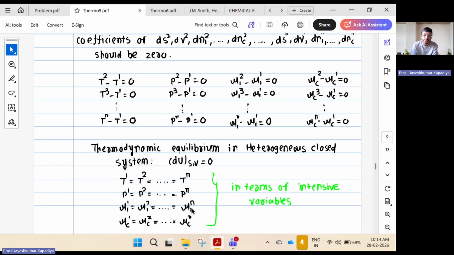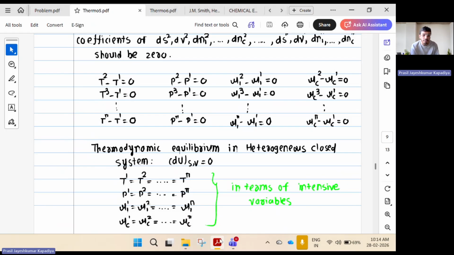And what else can we write? We can write that mu1 in phase 2 is equal to mu1 in phase 1. Mu1 in phase 3 should be equal to mu1 in phase 1. And mu1 in phase pi should be equal to mu1 in phase 1. So we can write it as mu1 in phase 1 equal to mu1 in phase 2 is equal to mu1 in phase pi. And this can be written for all components: chemical potential should be equal in each phase.